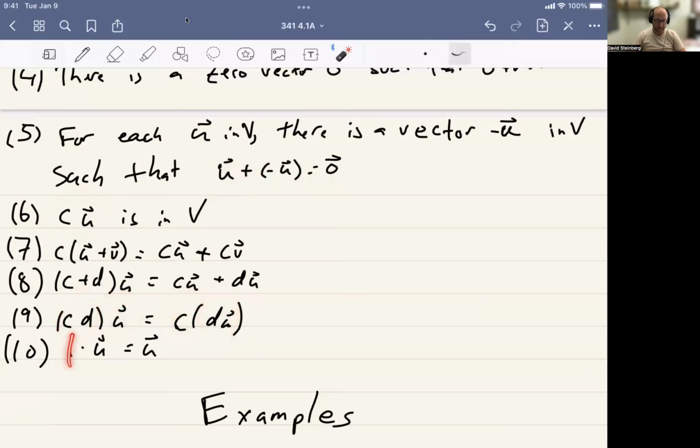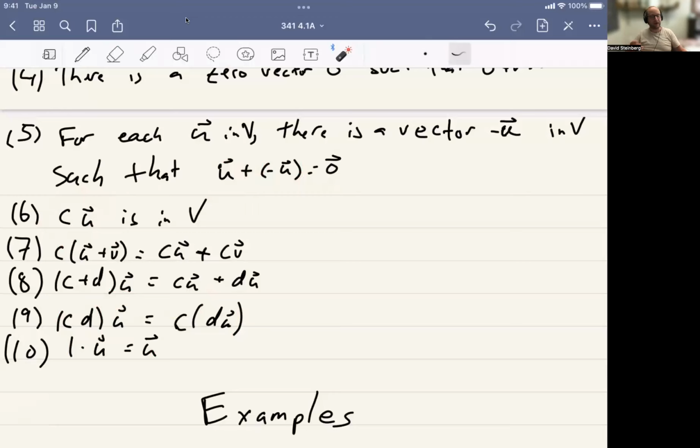And also, if we multiply our vector by 1, we should get back just the vector again. So really, we've tried to capture all of the most mundane arithmetic properties of Rn and said, okay, anything that satisfies these things behaves sufficiently like Rn that we could run the same game we had in chapters 1, 2, and 3 on this new thing too.